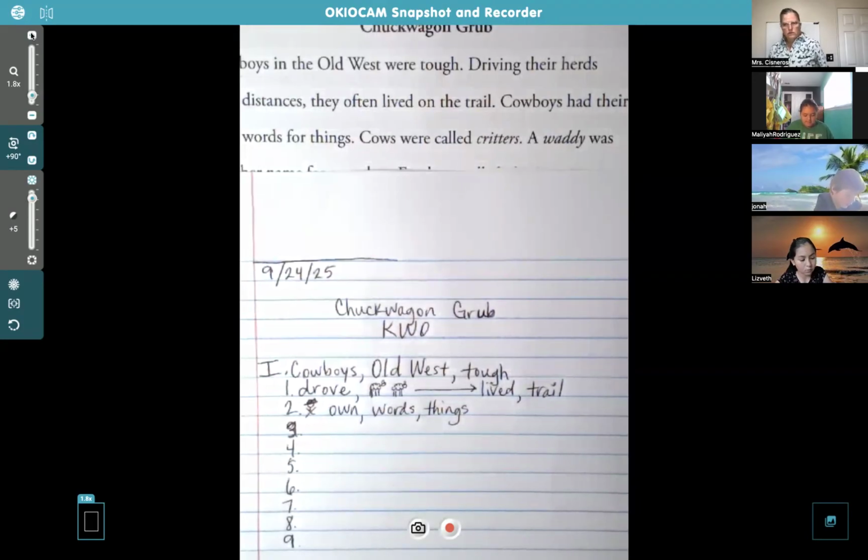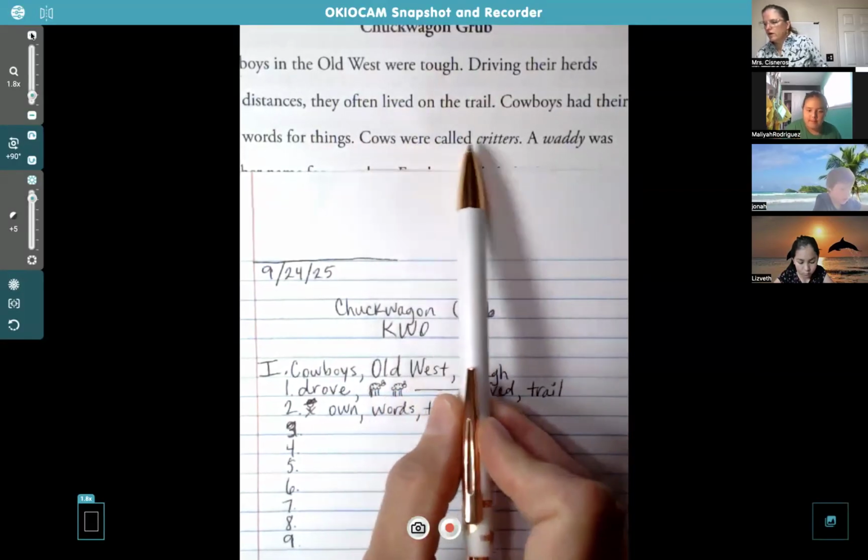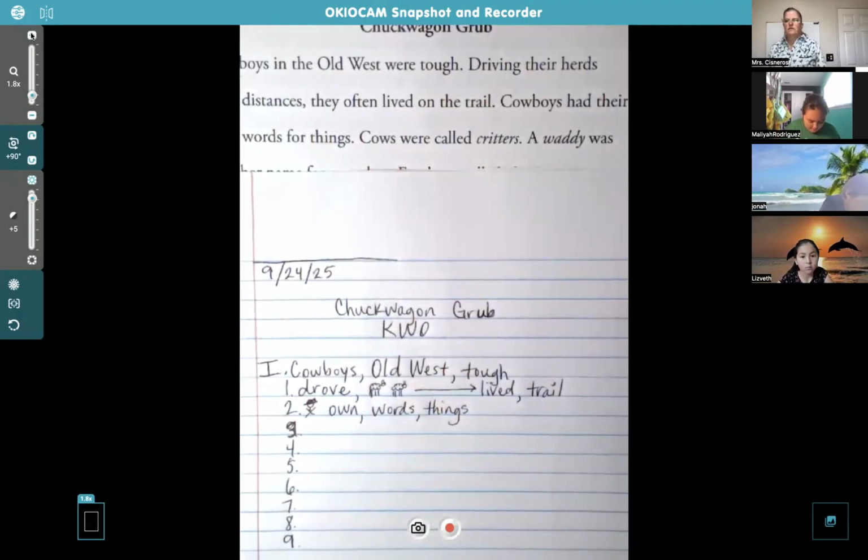Cowboys. Oh, wait, you're on this one, right here. Cows were called critters. It's that one.